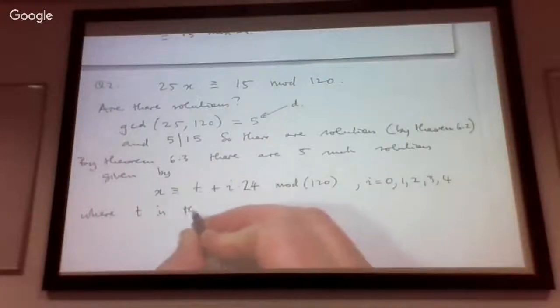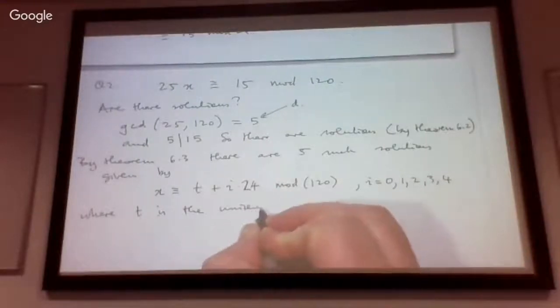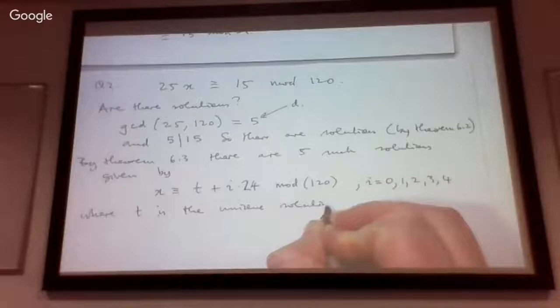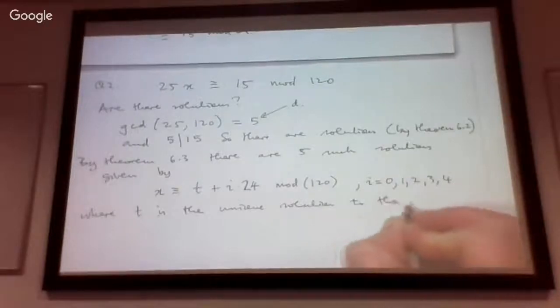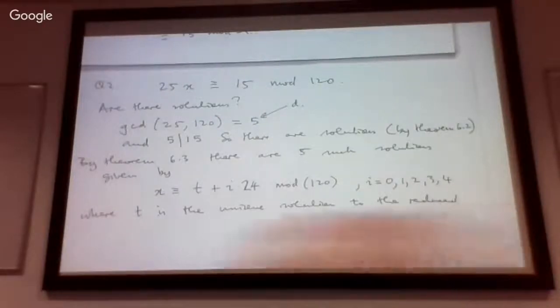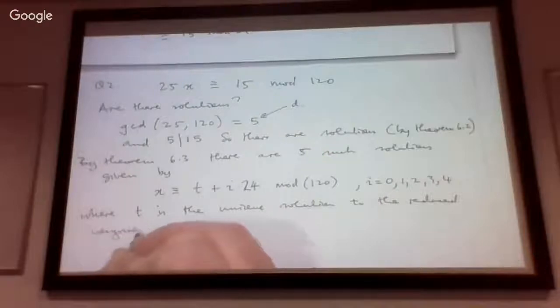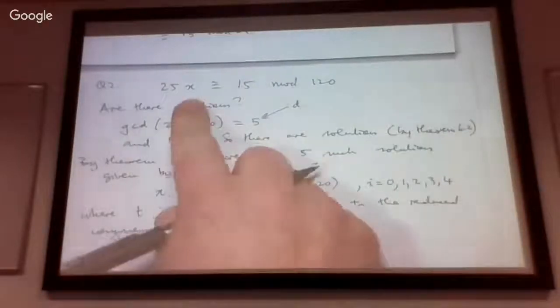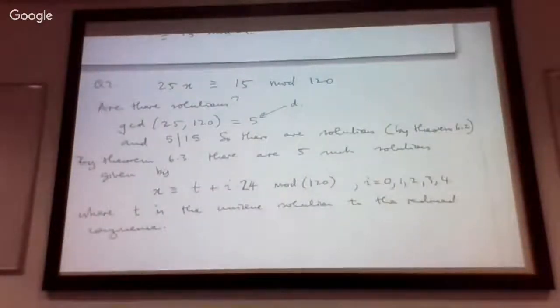T is the unique solution to the reduced congruence. What you do is take the original congruence and divide all the parts of it by D, which is 5 here.